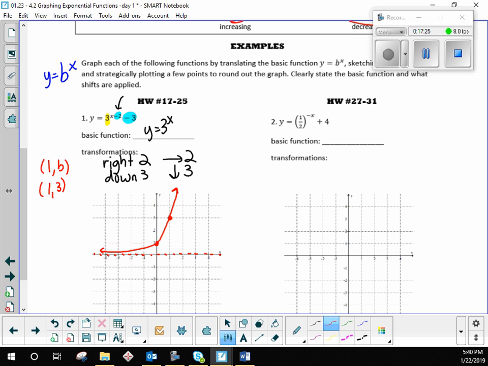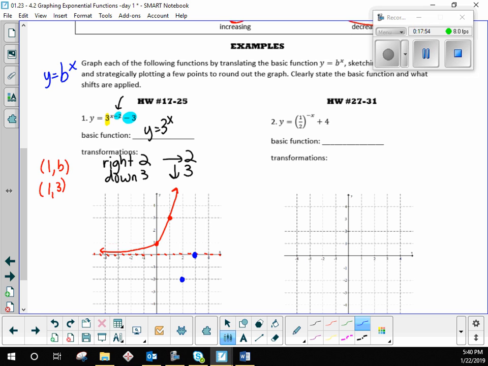The shifted function I'll do in blue. Everything's going to shift right 2 and down 3. So my (0, 1) is going to go right 2, down 3. (1, 3) is going to go right 2, down 3. And then guess what else shifts?